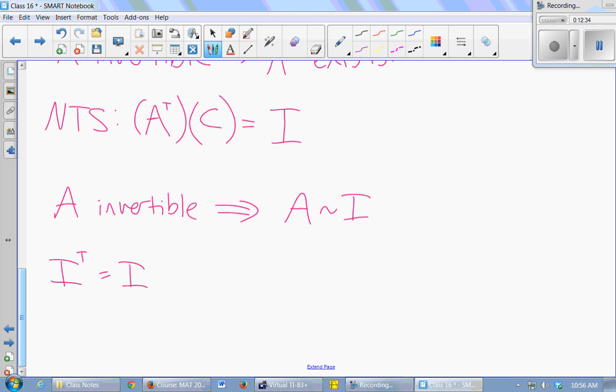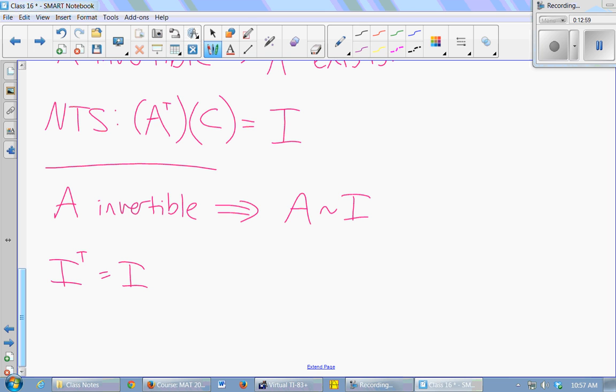So we should be able to start from A transpose and get the identity transpose, I think. So that's good. What if I wanted to do it this other way, though?